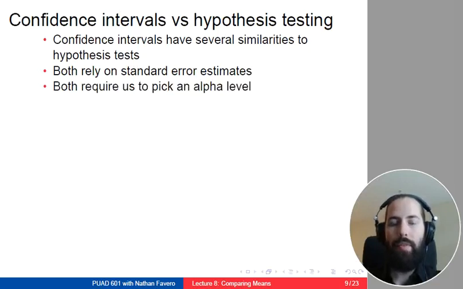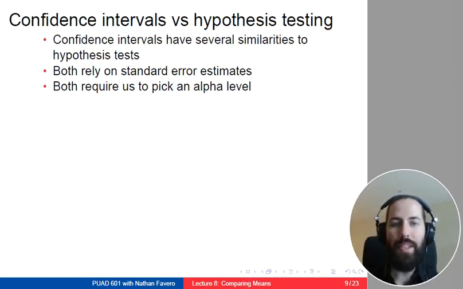Both a confidence interval and a hypothesis test require us to pick an alpha level. When we're talking about confidence intervals, we often talk about the confidence level, which is just the other side of the coin of an alpha level. If I have an alpha level of 0.05 or 5%, I have a 95% confidence interval.